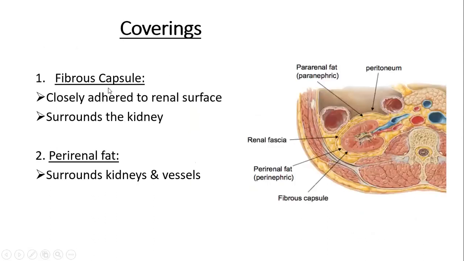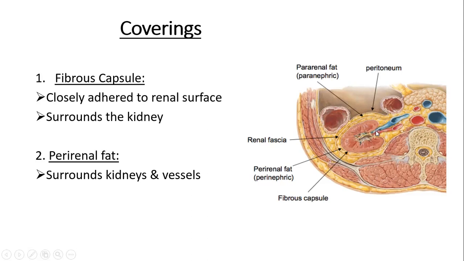The fibrous capsule is closely adhered to the surface of each kidney, and it just surrounds the kidney. Outside the fibrous capsule, we have perinephric or perirenal fat, which surrounds the kidneys and the renal vessels.